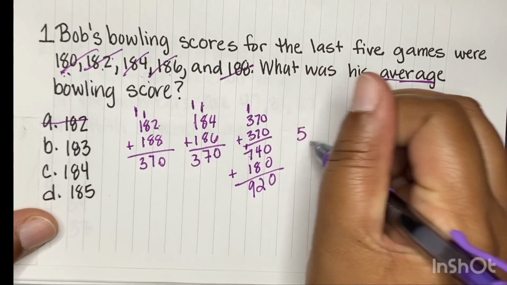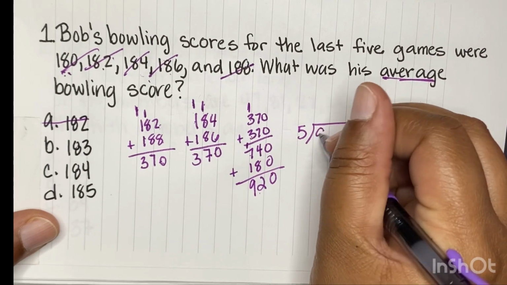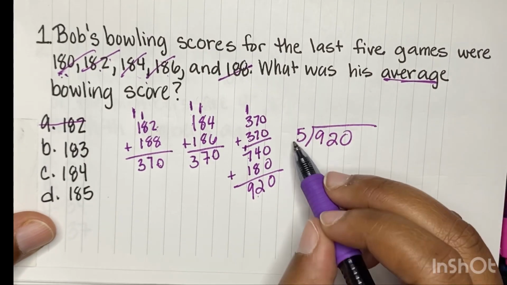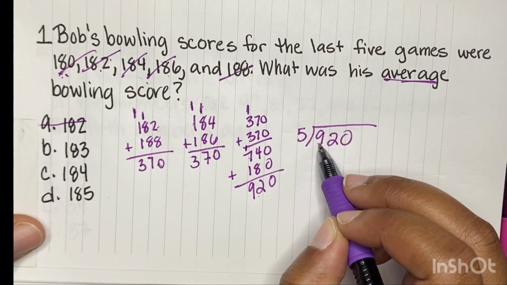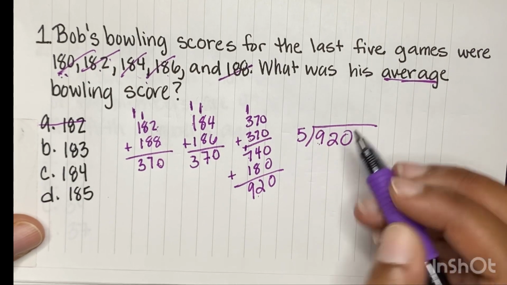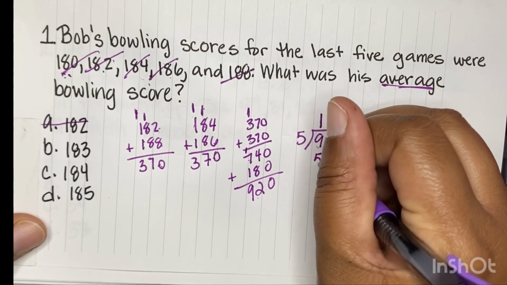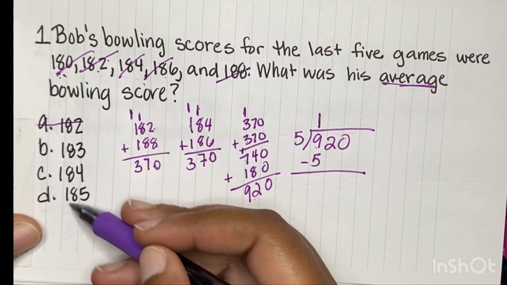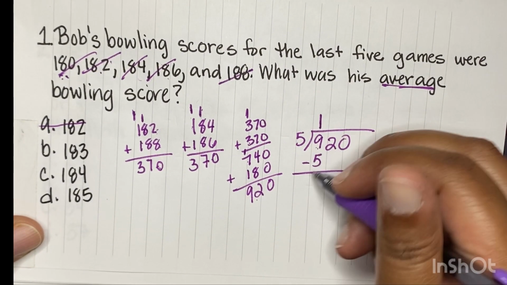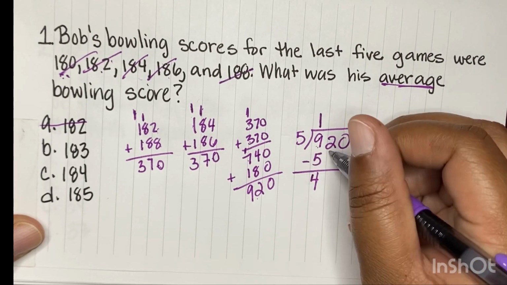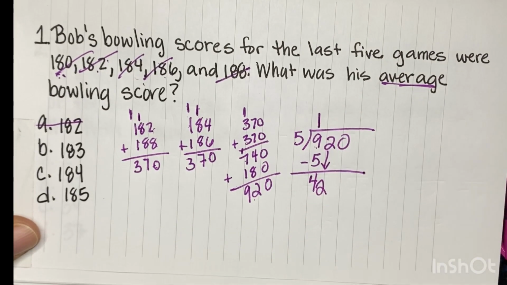We're going to take this 920 and divide it by 5. 5 goes into 9 how many times? 1. So we drop down our 5, because they all have 1s. 9 minus 5 is 4. Drop down our 2 here.